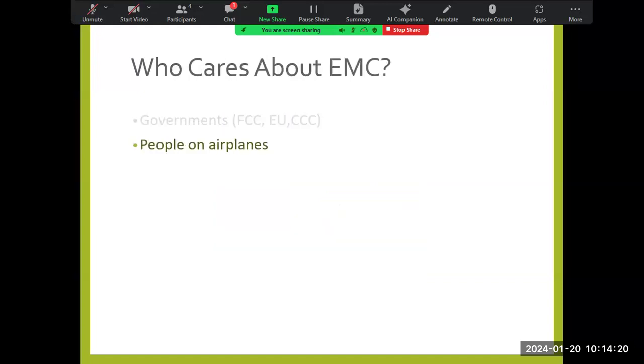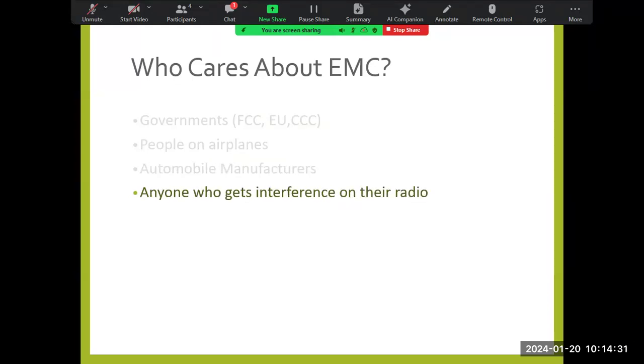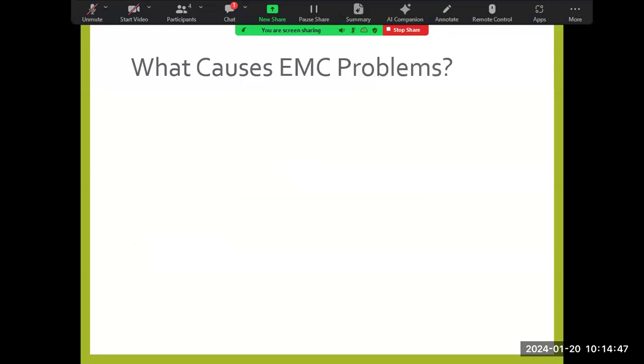So who cares? Governments. Would you like to fly an airplane that has problems with EMC? No. Automobile manufacturers. People who have interference on their radios. Hospitals: have you ever seen someone wired up for an EKG? Those are antennas everywhere. Oh, and lawyers love it.